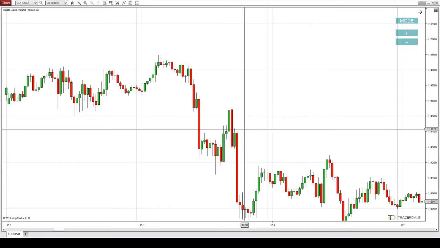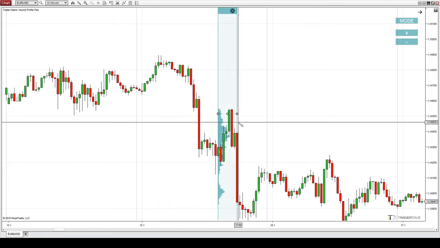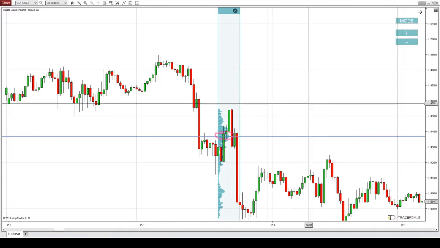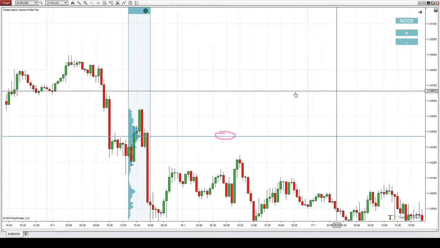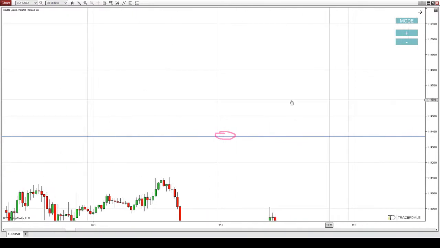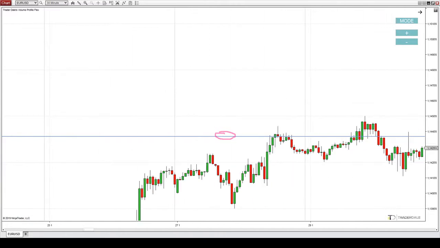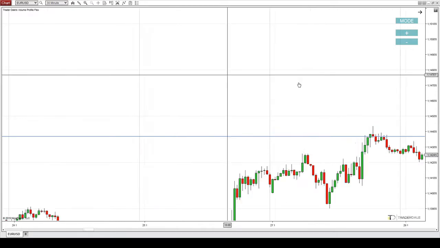So let's draw the profile over it. Heaviest volumes clearly in here. This is the most significant volume area in the rejection. So let's have a look at how the price reacted to it. Right there. This is the reaction. Alright, so that would be another winning trade.